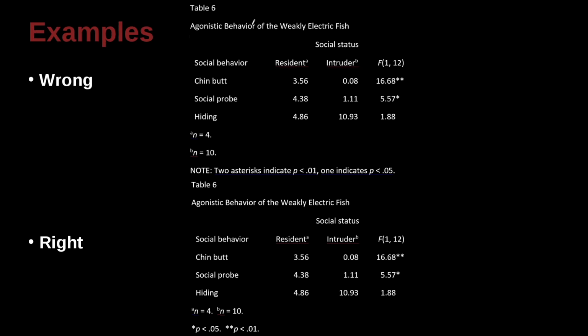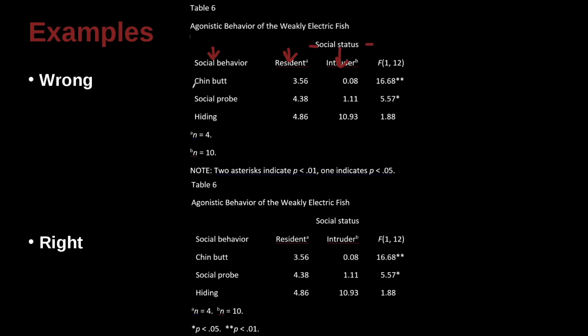Let's take a look at another example, agonistic behavior of the weakly electric fish. So some kind of fish that has electric power, right? So we have our decked example here, social status. And social status has two parts, resident and intruder. That looks very good. Social behavior is the column heading here.